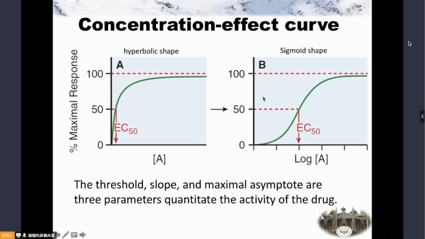And the middle portion of the sigmoid shape is a linear curve, which is easier for us to calculate the parameters. And in the concentration effect curve, there are three important parameters you have to know: the threshold, the slope of the curve, and the maximal effect.